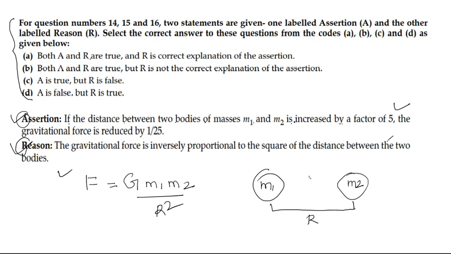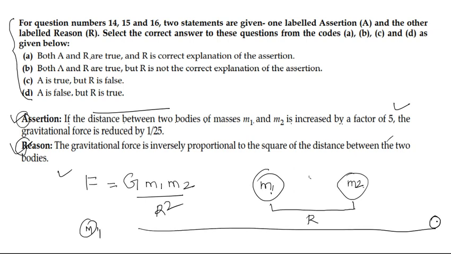Now suppose the distance is increased, if you keep m1 here and m2 far away, and the distance has become 5r. So what change will be there in the force?